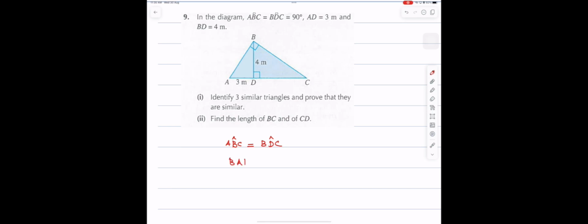Angle BAD is equal to angle BAC. This is a common angle between these two triangles.